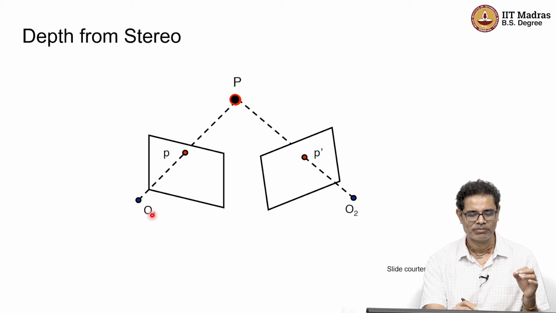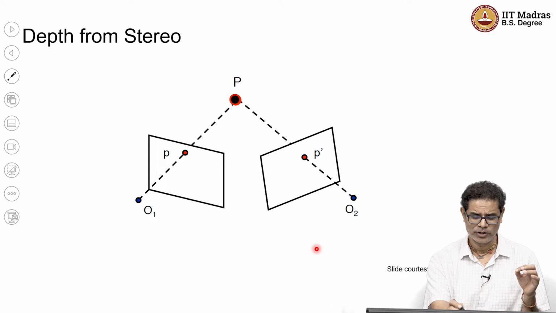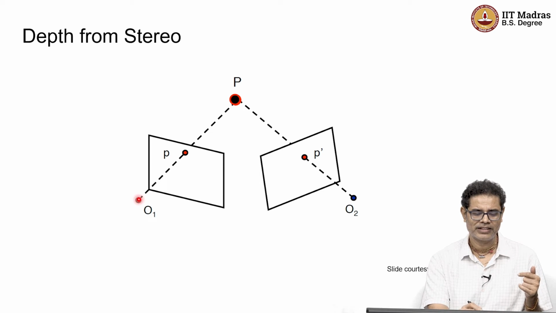So, O1 is the camera center for the left image. To find the image of this 3D point P, all I need to do is join P with the camera center of the left camera, O1, and wherever it intersects the sensor, that will be the image formed by the point P, right.